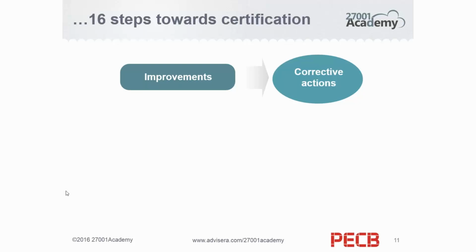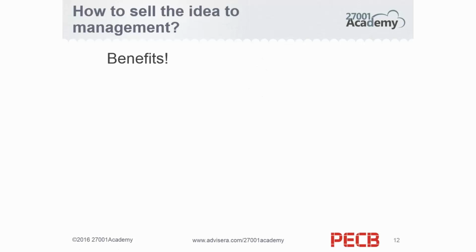Okay, let me go now on to the next slide, and this is about how to sell this whole idea of ISO 27001 to your management. What you have to really take care about is that you don't speak in technical terms when presenting the case for ISO 27001 implementation to your top management.